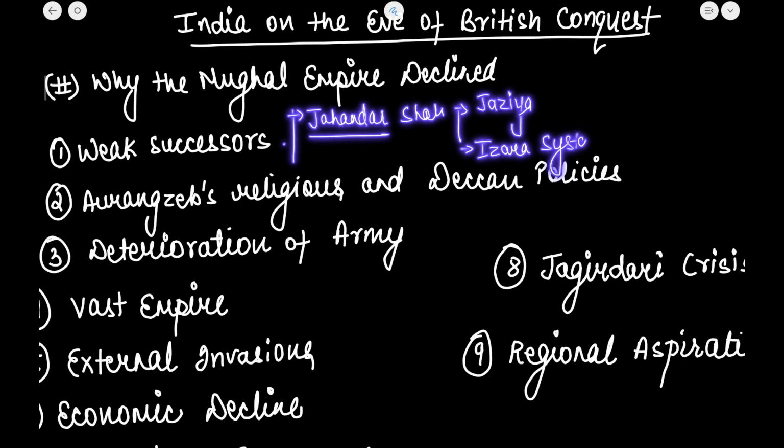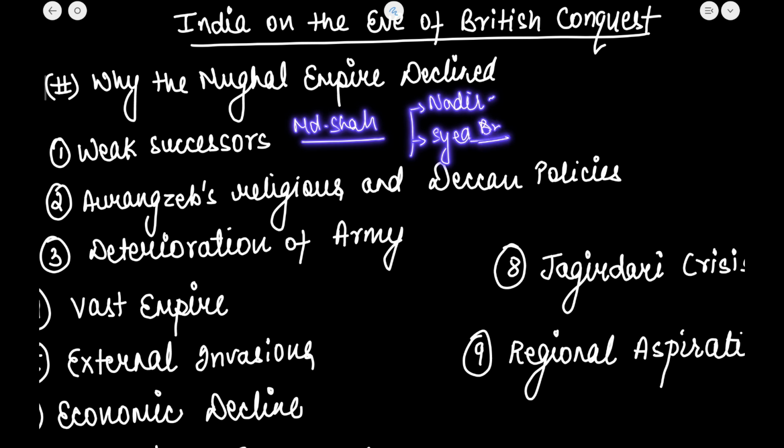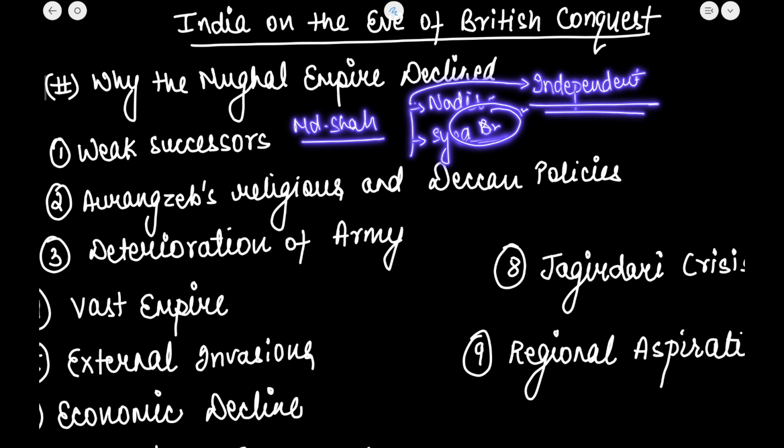The next weak ruler was Muhammad Shah Rangila. I've already told you Nadir Shah attacked during the reign of Muhammad Shah Rangila, and he killed the Sayyid brothers with the help of Nizamul Mulk, and it was during his tenure that the independent states rose. These independent states I'll tell you about later in this video.